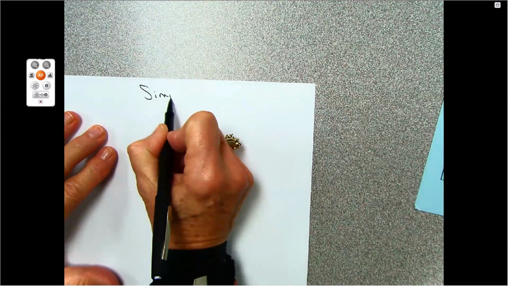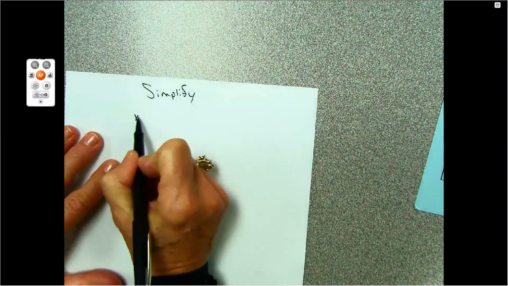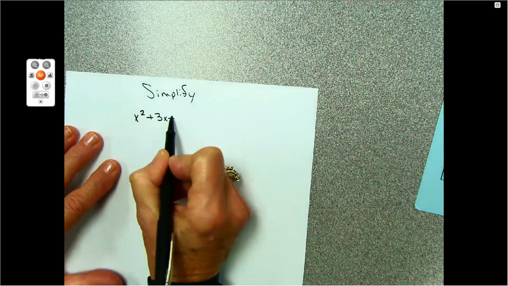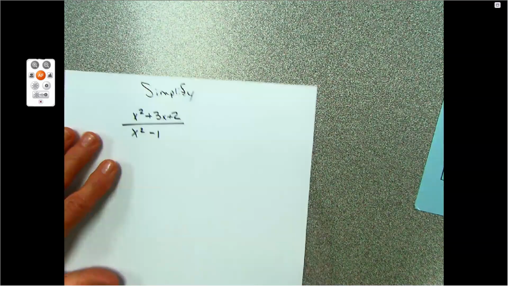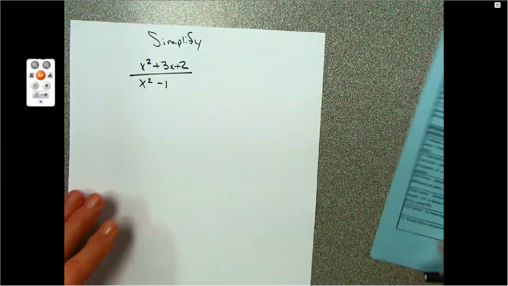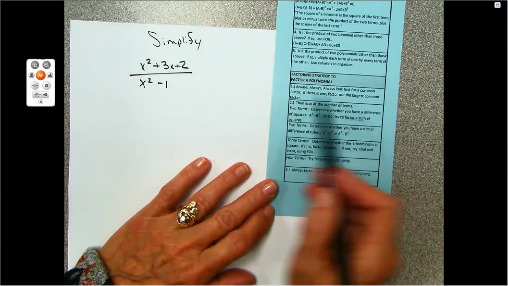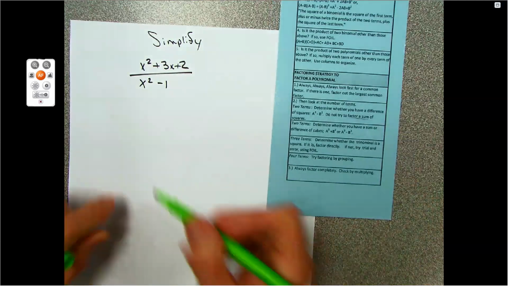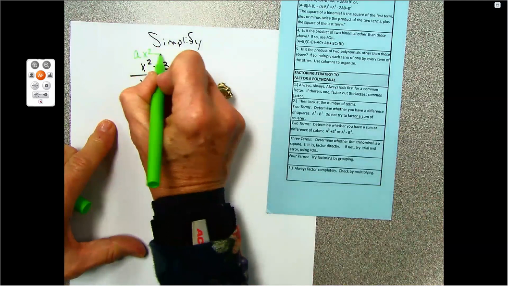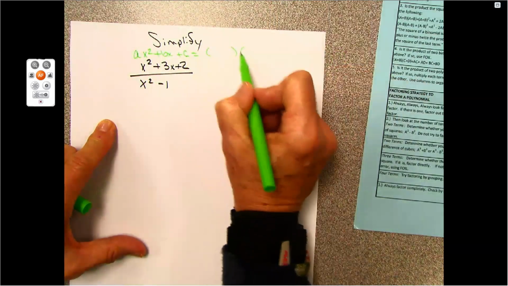Simplify (x squared plus 3x plus 2) all over (x squared minus 1). So in the numerator, I'm going to get out my blue card. There's no greatest common factor, but remember, it is of our form pattern, ax squared plus bx plus c. So I expect I can factor it as a product of 2 binomials.